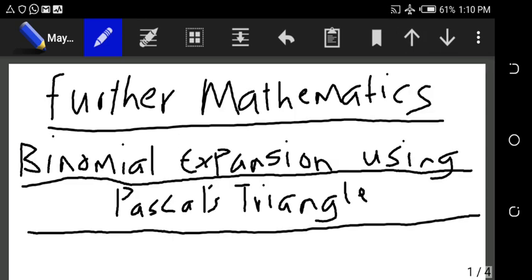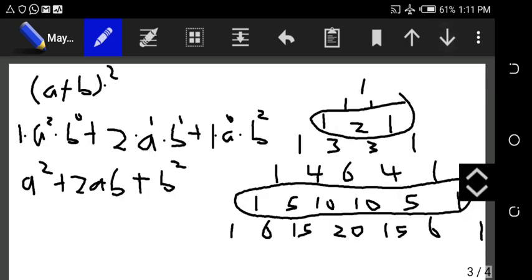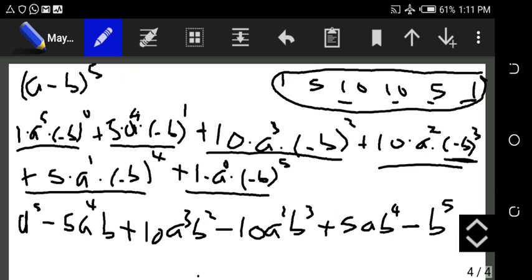Do not forget how we can derive this triangle. Okay, it is easy to get. Take your time, make sure you always start with a 1 and end with a 1, and then follow the examples. Try to understand what we are doing.